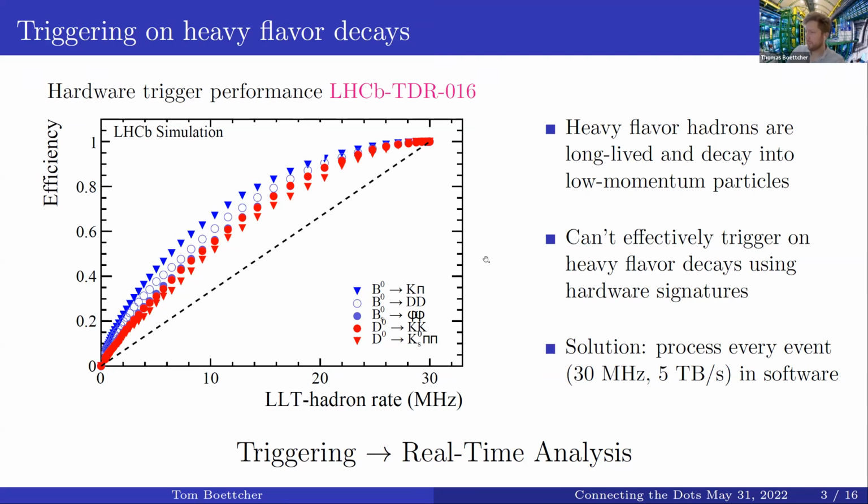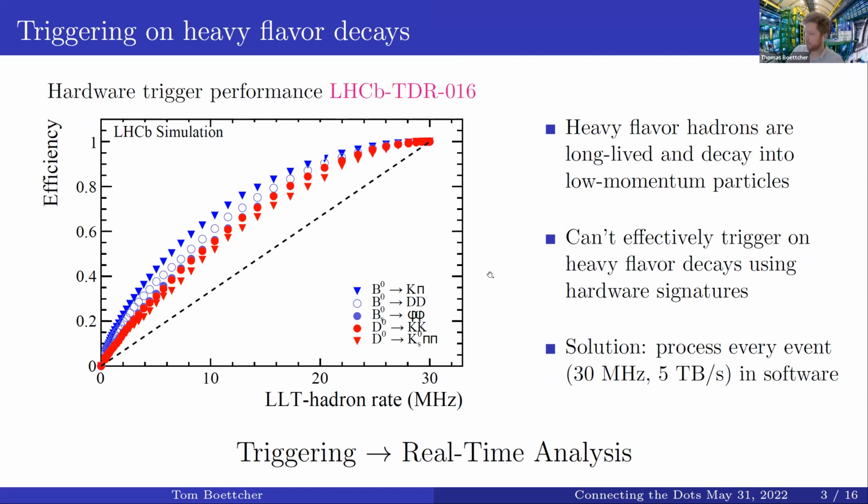The signature you really want to trigger on for heavy flavor decays is a displaced decay. The heavy flavor hadrons will travel some distance, and they will decay to some final state particles some distance away from a primary vertex or a collision point. So we want to look for the signature of a displaced heavy flavor decay, and this requires information from many detector systems working together.